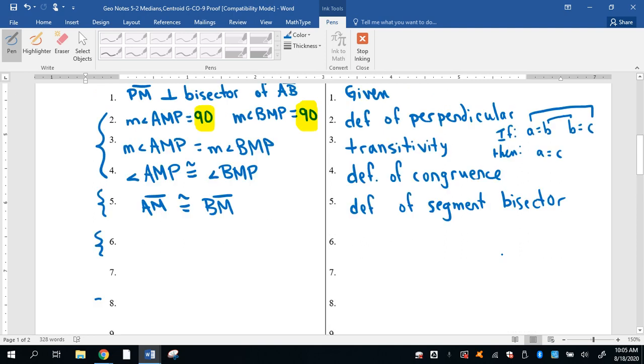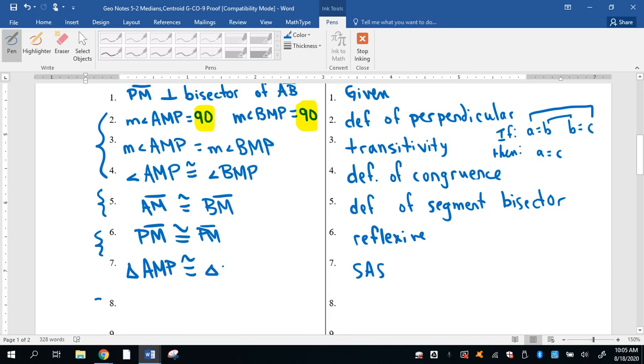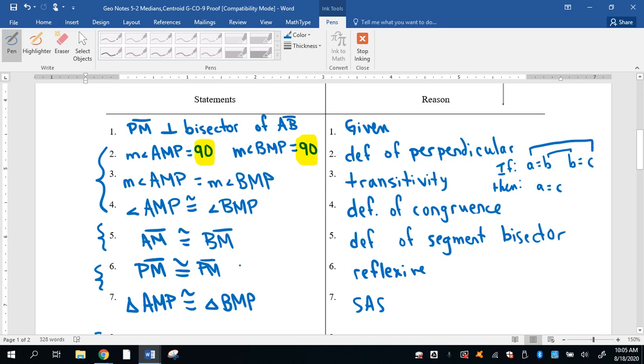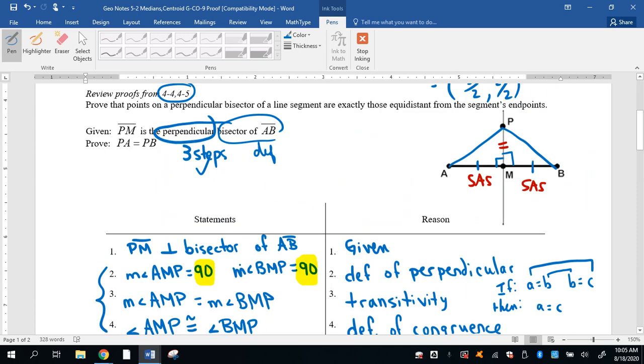So statement 6, reflexive, is segment PM is congruent to PM. Lastly, the two triangles are congruent by side angle side. So triangle AMP is congruent to triangle BMP. And what we want to prove is that the two segments are equal in length.